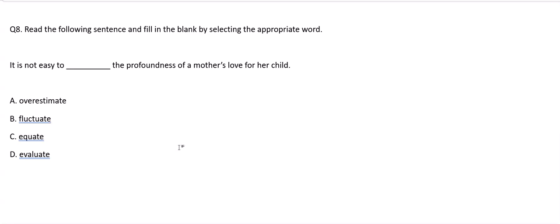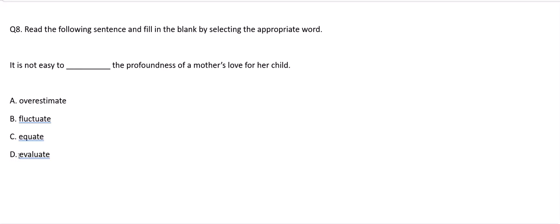But if you see, the meaning of evaluate is to assess or measure. For example, if the sentence is not comparative and is generally telling, like the same sentence given as it is difficult to dash the profoundness of a mother's love for her child, we can go for evaluate.